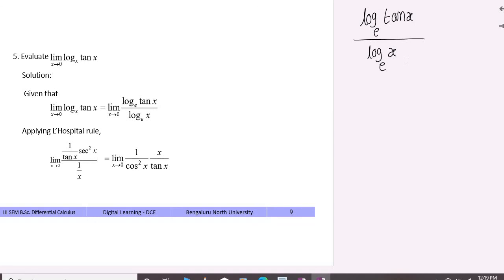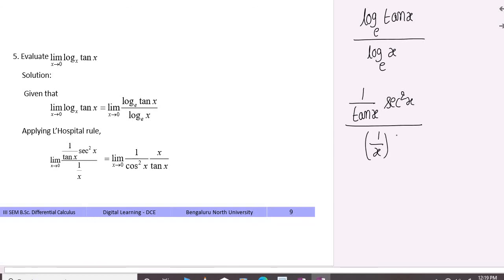Differentiate numerator separately and denominator separately. Differentiation of log of tan x is 1 by tan x. Tan x differentiation is secant square x, divided by log x differentiation, which is 1 by x.